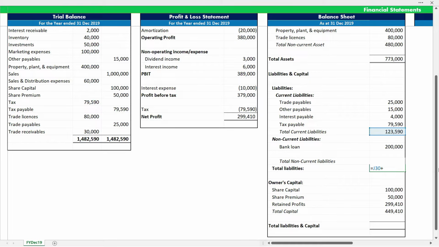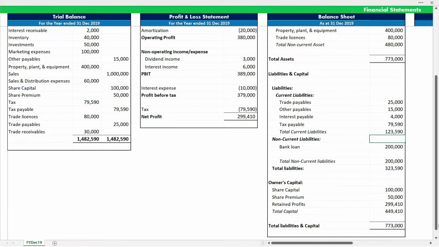So if I just do that, you can see I have total liabilities now, and now I can calculate the total of liabilities plus total of equity capital to reach my total of liabilities and capital. And hence we have prepared our balance sheet. And just a quick check, our total of assets should always be equal to total of liabilities and capital, and you can see here we have that check correctly. We can say it is right.